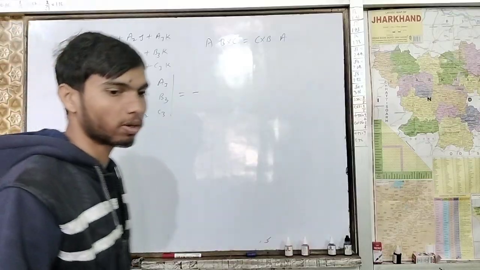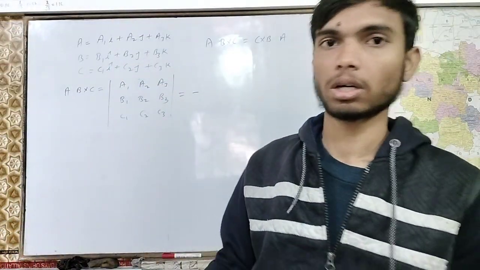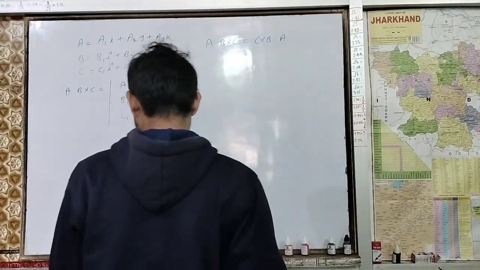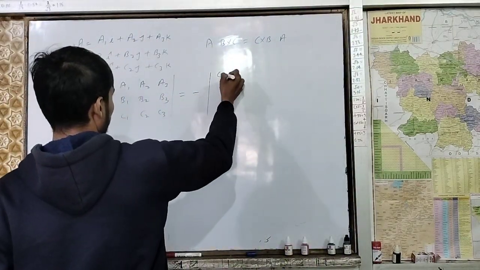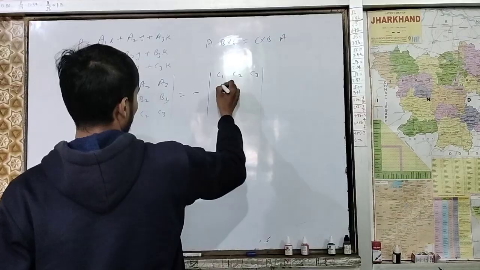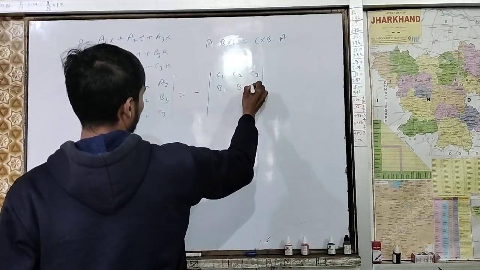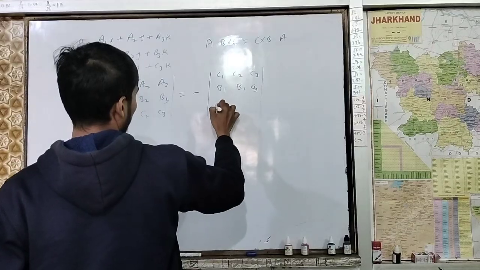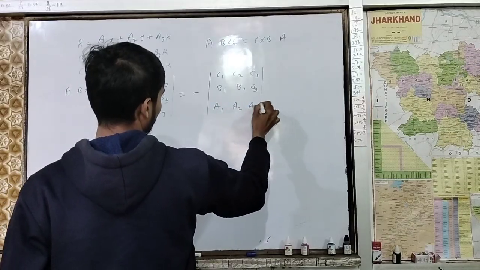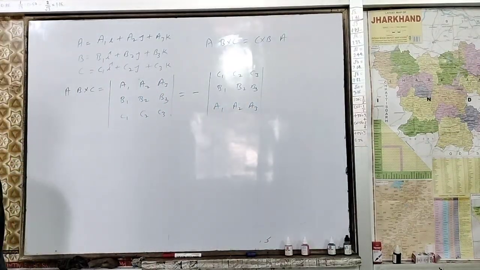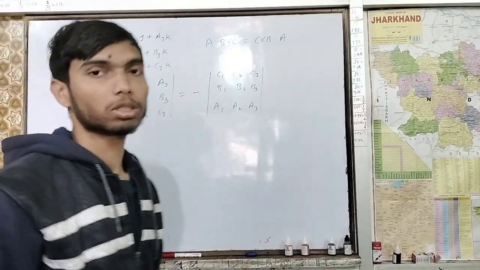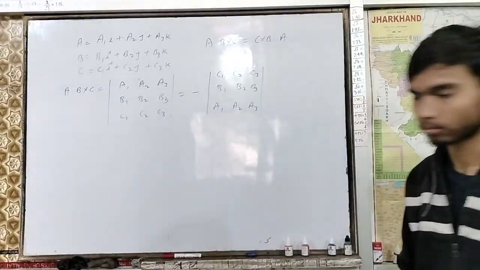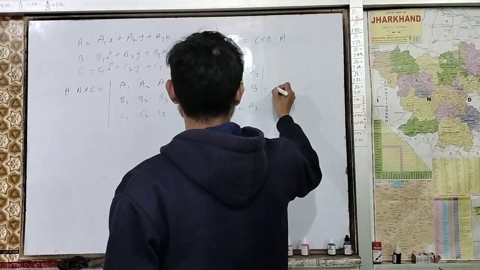It is used when we change orders. So here C1, C2, C3, B1, B2, B3, A1, A2, A3. Got it? Again if you want to change its order, then negative will become positive.